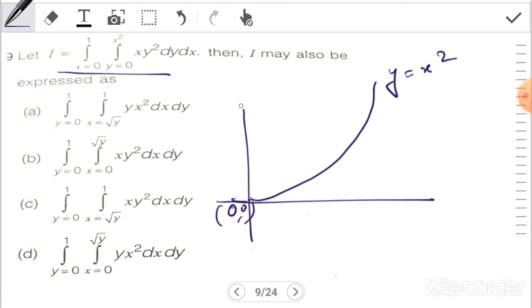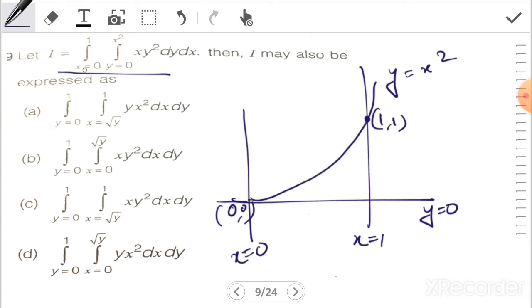So x is equal to 0 is this line, y is equal to 0 is this line, and x is equal to 1 is this line. The intersection point is 1 comma 1. So we have drawn all the limits here in this graph.